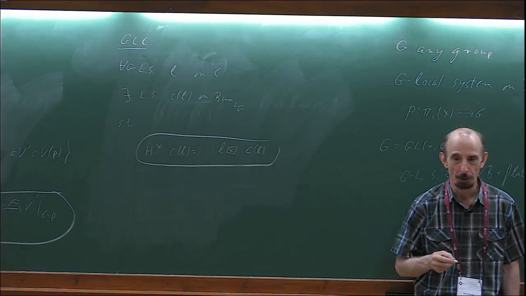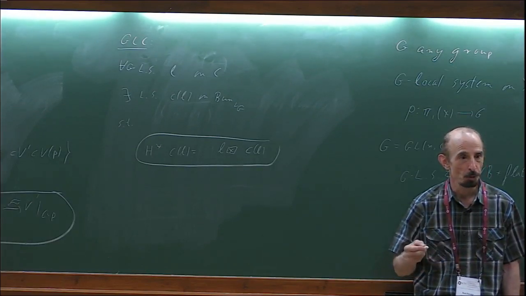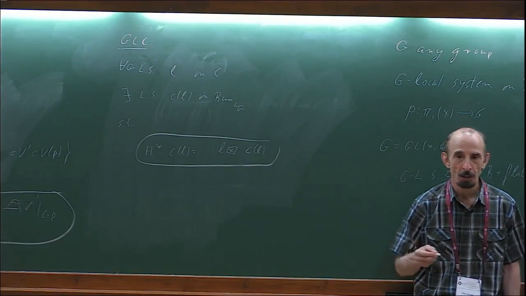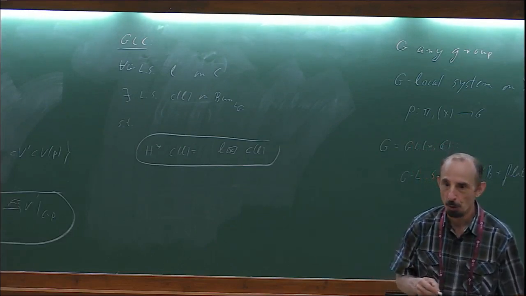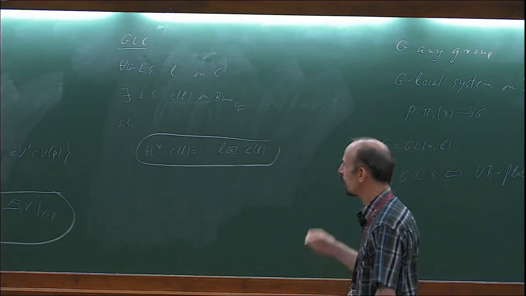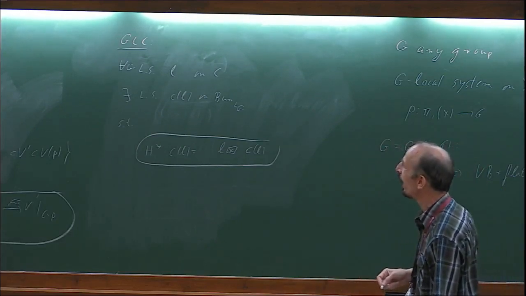So for vector bundles, I don't have to worry about it. But if I'm going to do it for other reductive groups, you have to know what the Langlands dual group is. I'll talk about that a little bit tomorrow in the second talk.